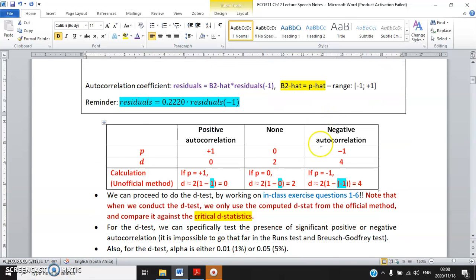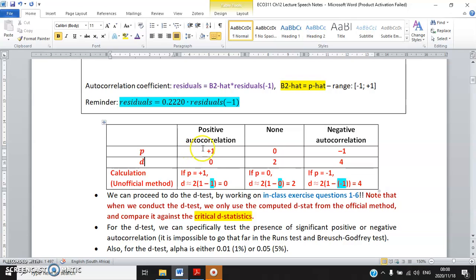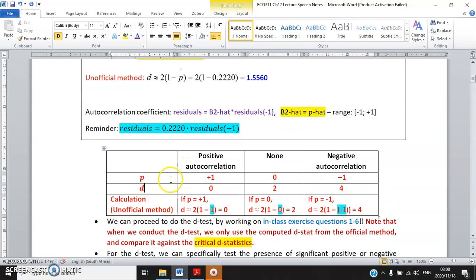Okay, and then look at this table. It just wants to show you the relationship between autocorrelation coefficient and the computed d-statistics. So I need to remind you about this unofficial method. Let's look at the first case. This is the ideal case. Autocorrelation coefficient is 0. If that happens, expect the computed d-stat to be 2.